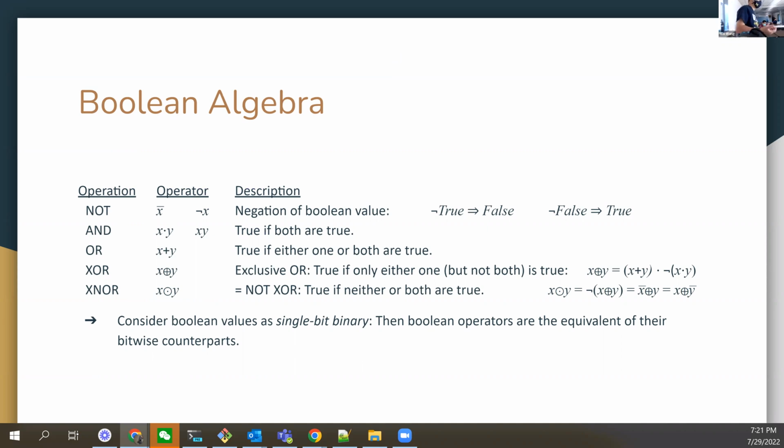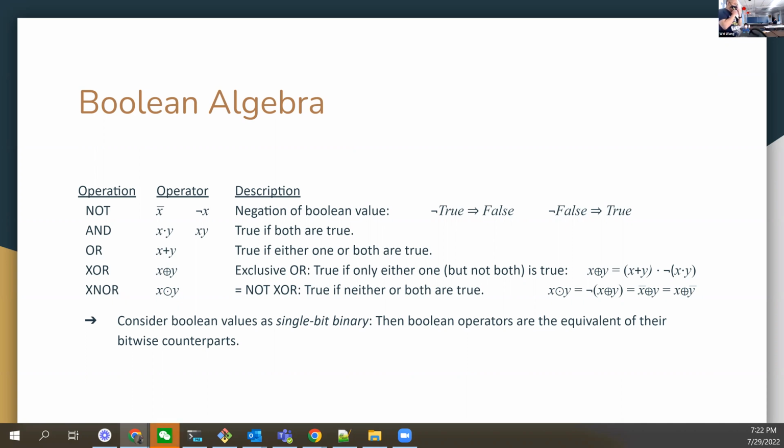When we talk about Boolean algebra, it's like in math, when we talk about algebra, you have operators too: addition, subtraction, multiply, divide, exponential, and all that. In Boolean algebra, we talk about these operators: not, and, or, XOR, XNOR. These are the meanings of these operators.